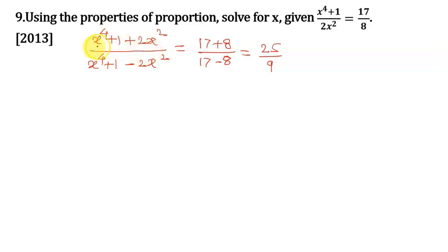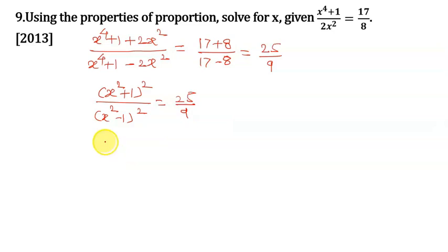Now what about this? This is the perfect square. Perfect square of x square plus 1 whole square, and denominator is x square minus 1 whole square, and that's equals to 25 upon 9.